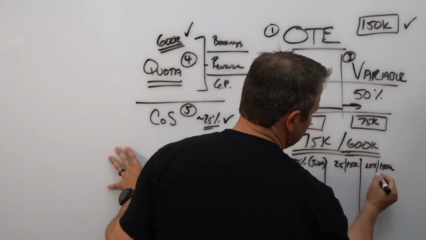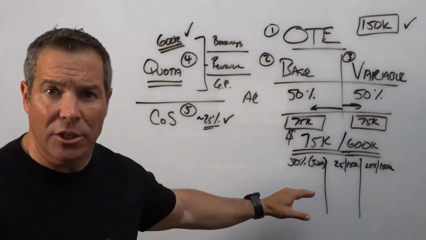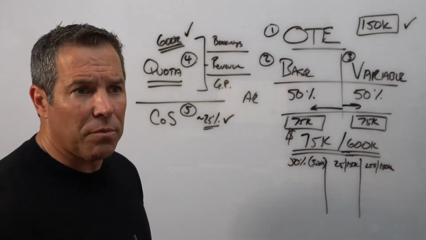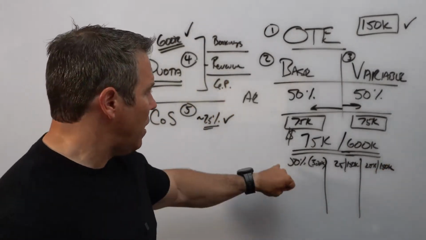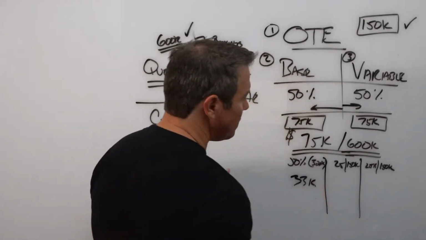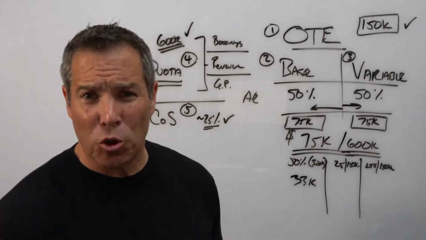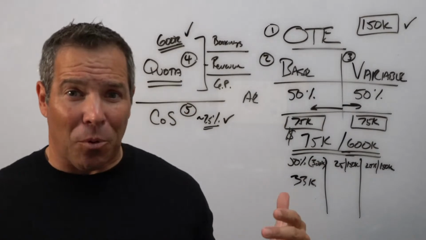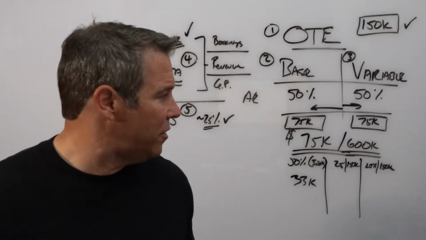So what I can do is figure out how much variable I pay at each of those tiers. The first tier is going to be a bit smaller. So in this instance, let's use 11%. 11% paid out on 300,000 is going to be 33K. In the second tier, let's use 13%. We'll bump it up 2%. You earn a little bit more money on everything over 300K.